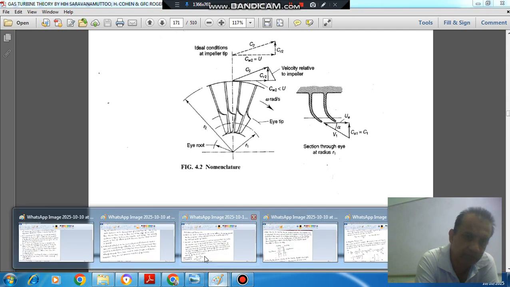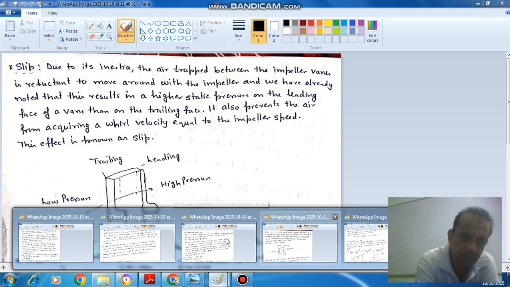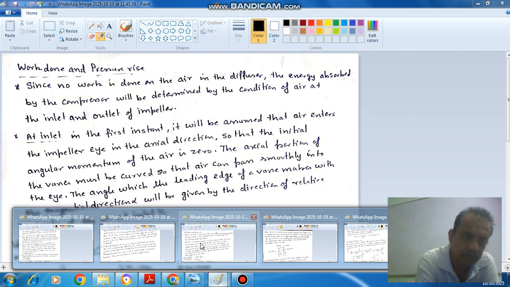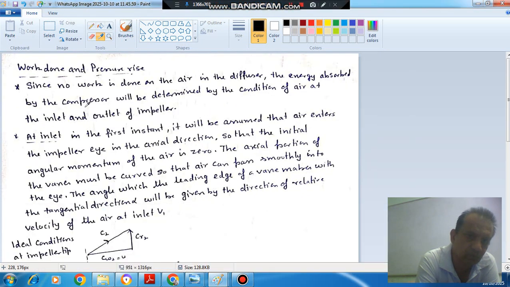Now I will read out. Since no work is done on the air in the diffuser, the energy absorbed by the compressor will be determined by the condition of air at the inlet and outlet of the impeller.